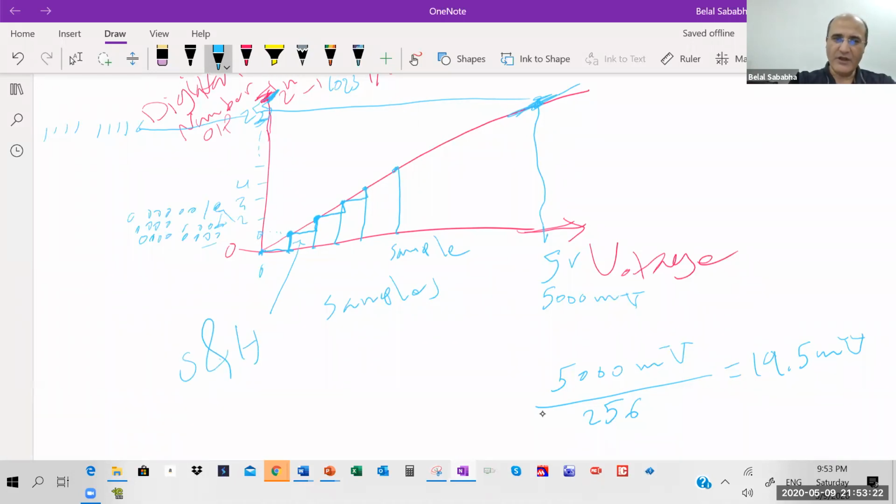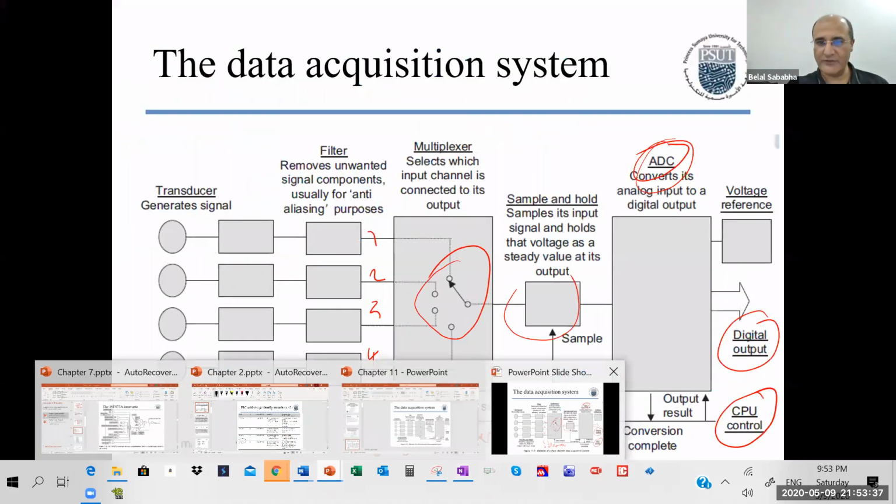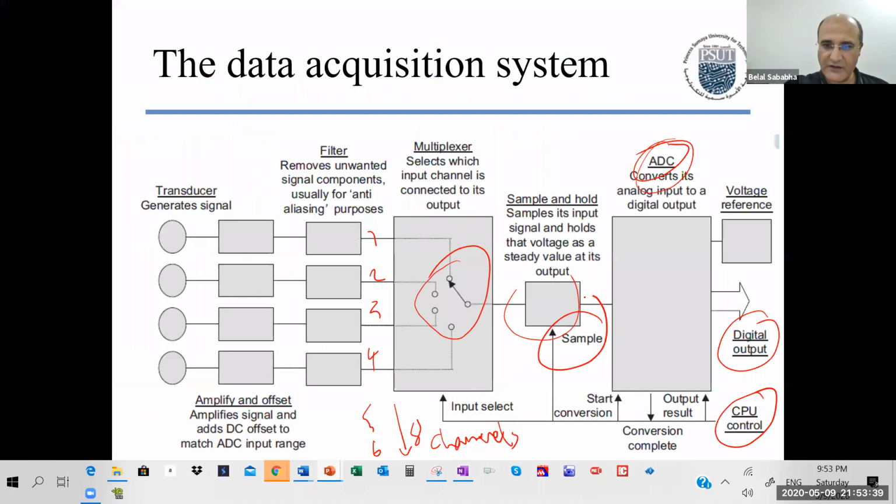You sample, and hold the value you sampled until the next sample. That's why we need a sample and hold circuit. We're going to look into it more a little forward.